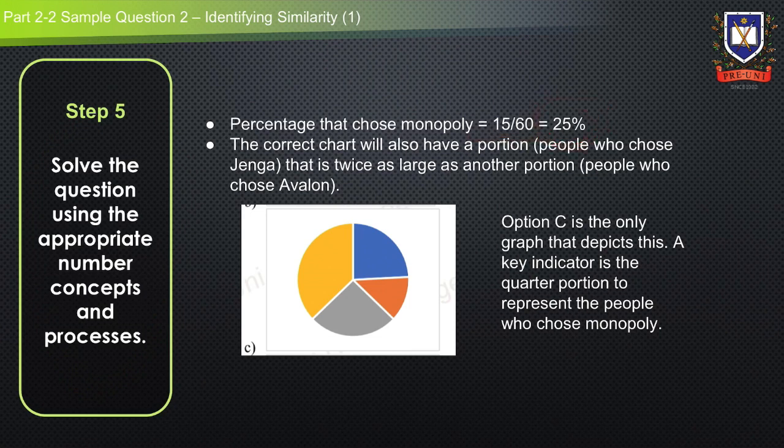The correct chart will also have a portion of people who chose Jenga that is twice as large as another portion that represents the people who chose Avalon. Looking at the options, option C is the only graph that depicts this. A key indicator is the quarter portion to represent the people who chose Monopoly.